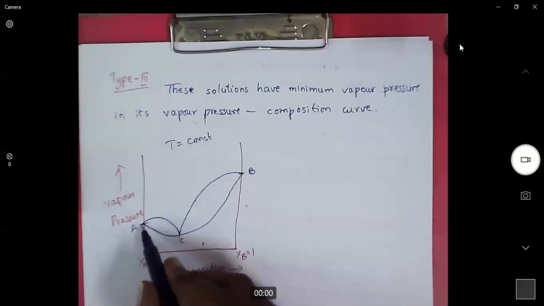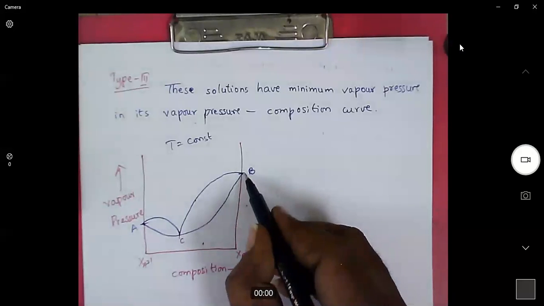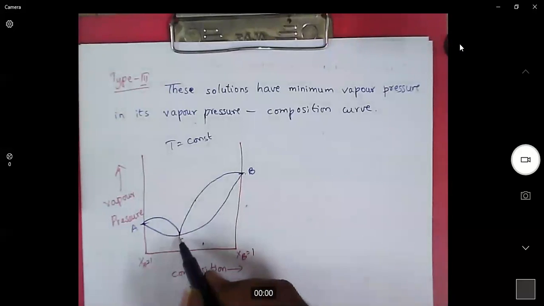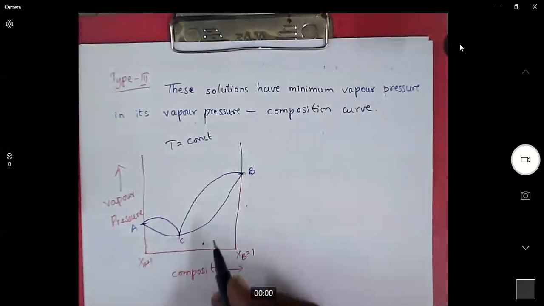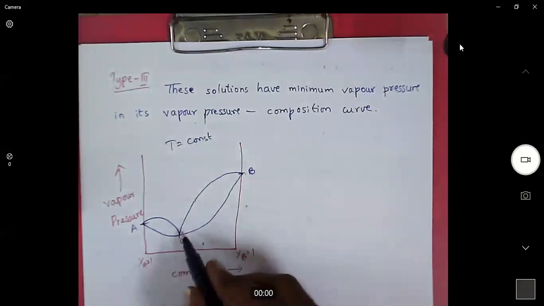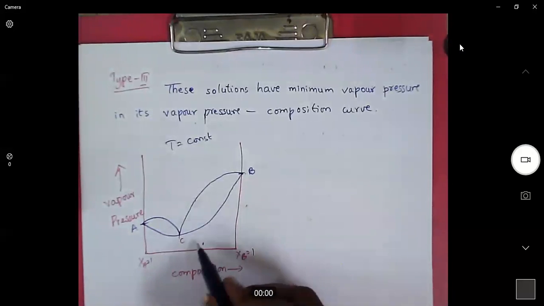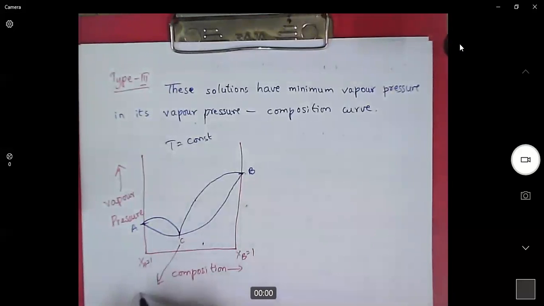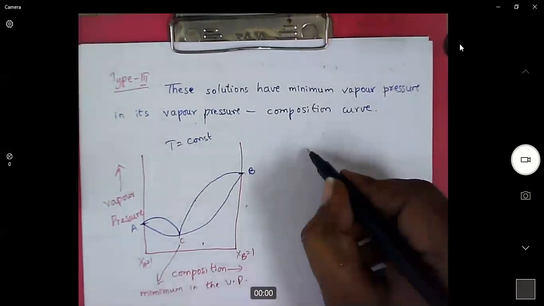See, A and B have higher vapor pressures than the solution. So for a certain composition at point C, this mixture of A and B is showing a minimum in the vapor pressure.